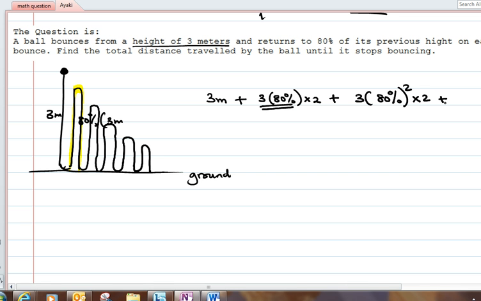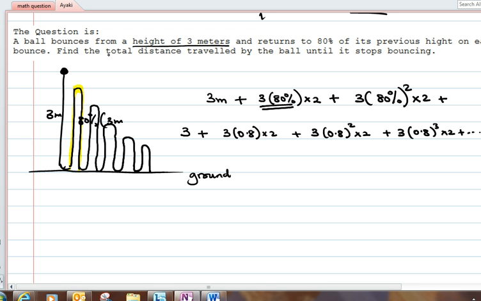So basically what is happening is we have a geometric series where the first height is 3, then we have 3 times 0.8 times 2, then we have 3 times 0.8 squared times 2, plus 3 times 0.8 cubed times 2, and this continues. Theoretically, it should continue indefinitely.